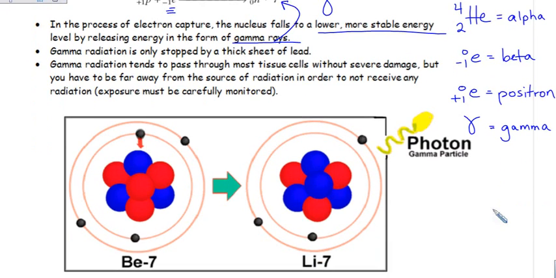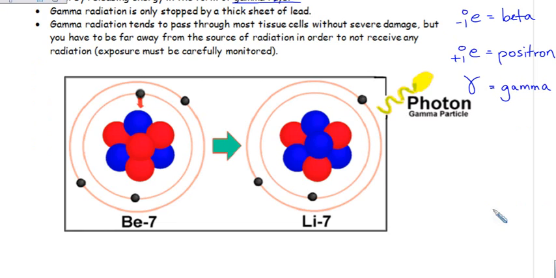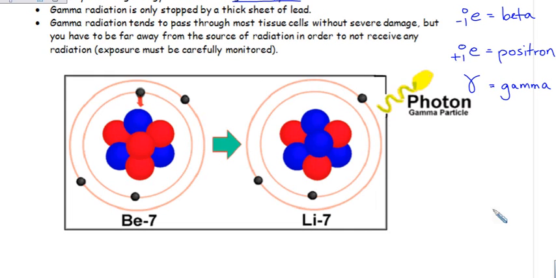Visually, here's a good example of this electron capture and then gamma decay or gamma radiation. So let's get my little beryllium nucleus. Be, beryllium. It's beryllium mass 7, and I can look at a periodic table.